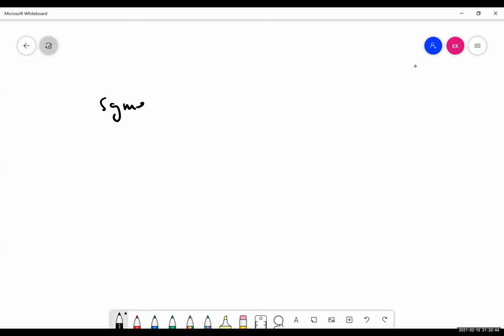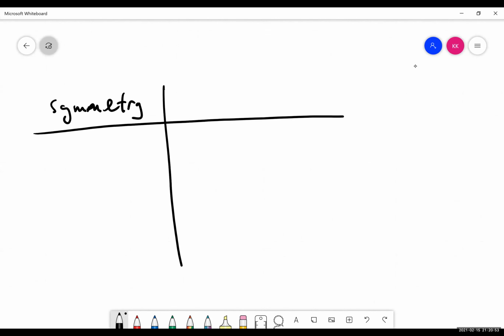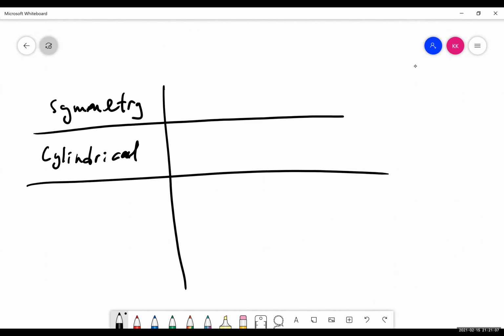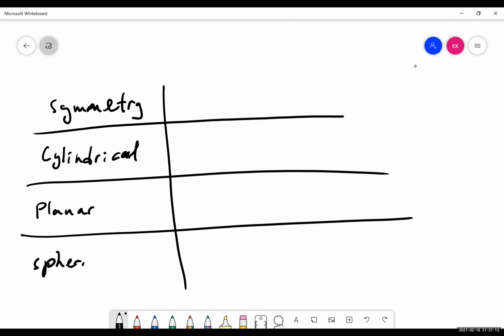Let's say this is the symmetry, and we have 3 symmetries: cylindrical, planar, and spherical. I'm going to show you how to use all of those, so when to apply each type of symmetry, and what type of system we should have.